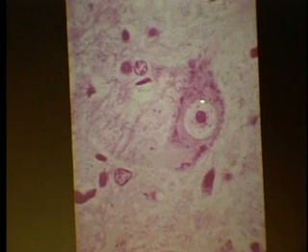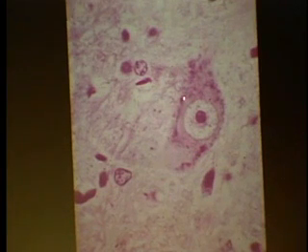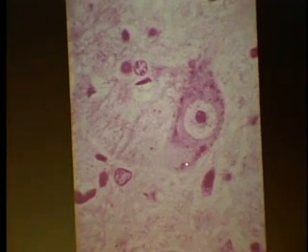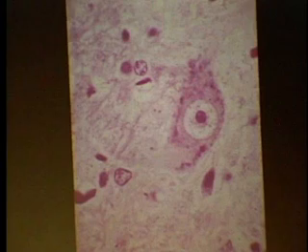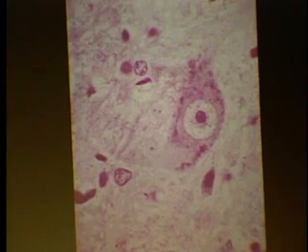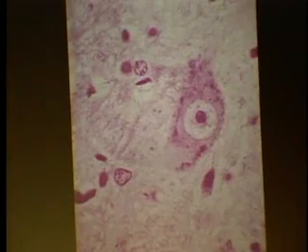And you see its huge nucleolus, its huge nucleus. And what are these? The dark specks in the cytoplasm. Nissl substance. So if this is a neuron, do we have any Nissl here? No. So what is it?